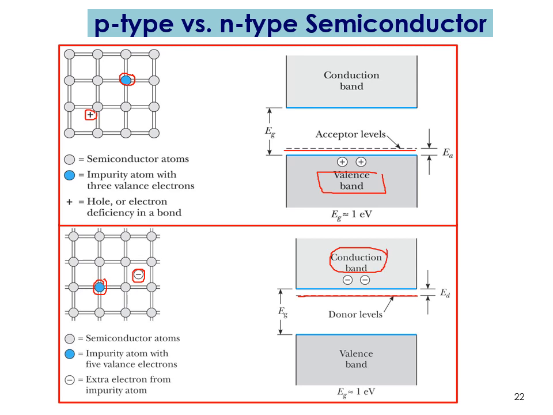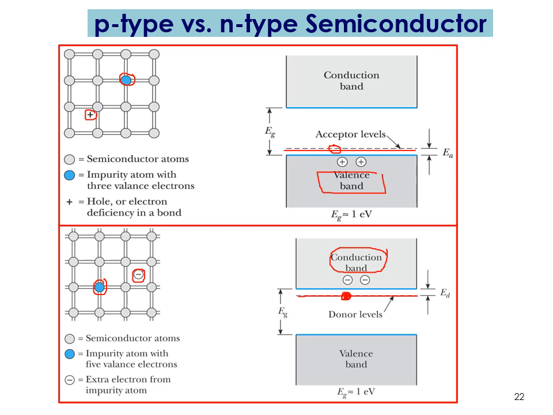In the acceptor level of a P-type semiconductor, there will be a hole, and for N-type, there is an excess electron in the donor level in here.